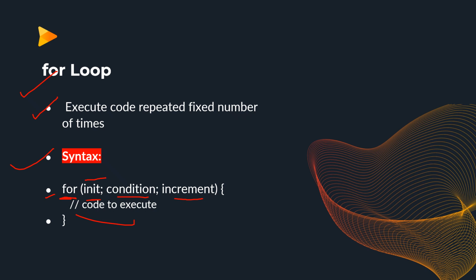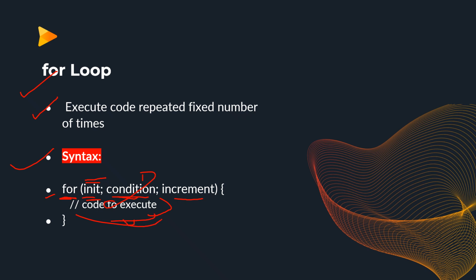So what is the initialization? It tells from where to start our for loop. Consider that we have to print the values from 1 to 10. We will initialize our value from 1, and then we are going to check the condition, whether i is less than 10. Whenever the condition is true, it will go inside this code and execute that code.